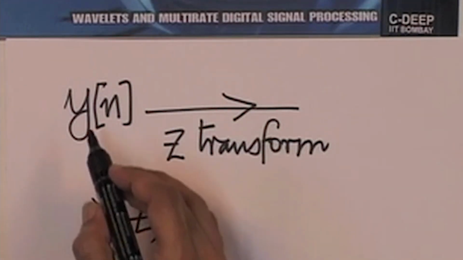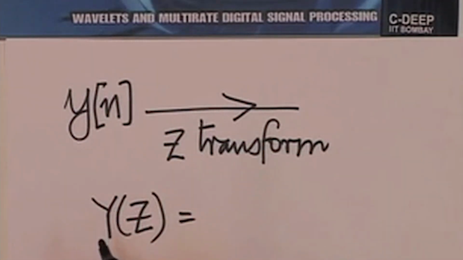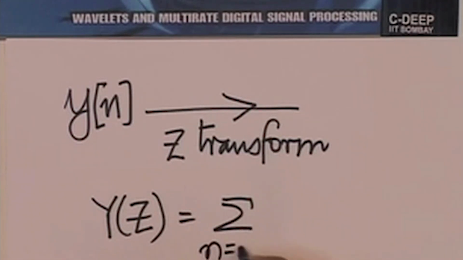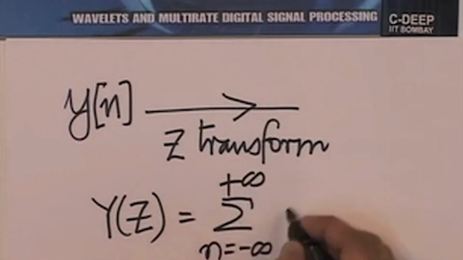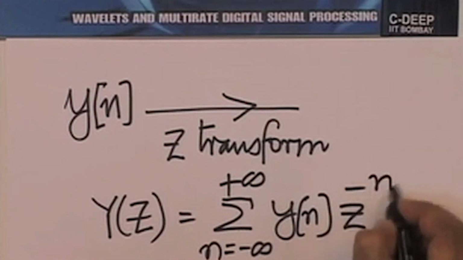Normally, we use the small letter to denote the sequence in time and the corresponding capital letter to denote the sequence in the z domain, or also in the frequency domain, and Y of z is summation n going from minus to plus infinity y of n z raised to the power minus n.